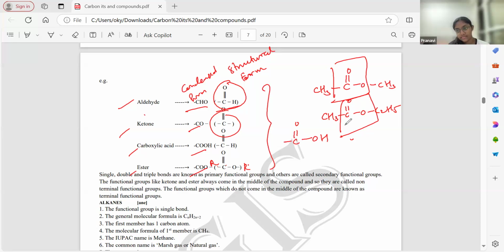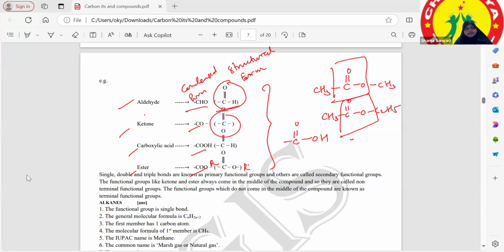A hydrocarbon is made up only of hydrogen and carbon, that would be the alkane group. So we can't put it as is. We need to remove one hydrogen from that, and we have to put the alkyl group. Understood? Yes, ma'am.